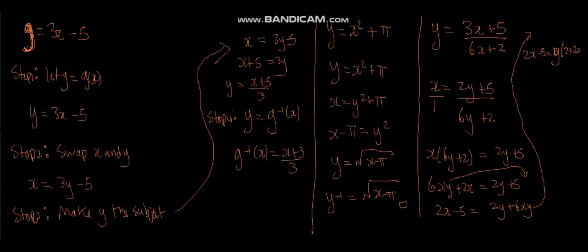Factoring out y from the right hand side, we would just get y into 2 plus 6x.